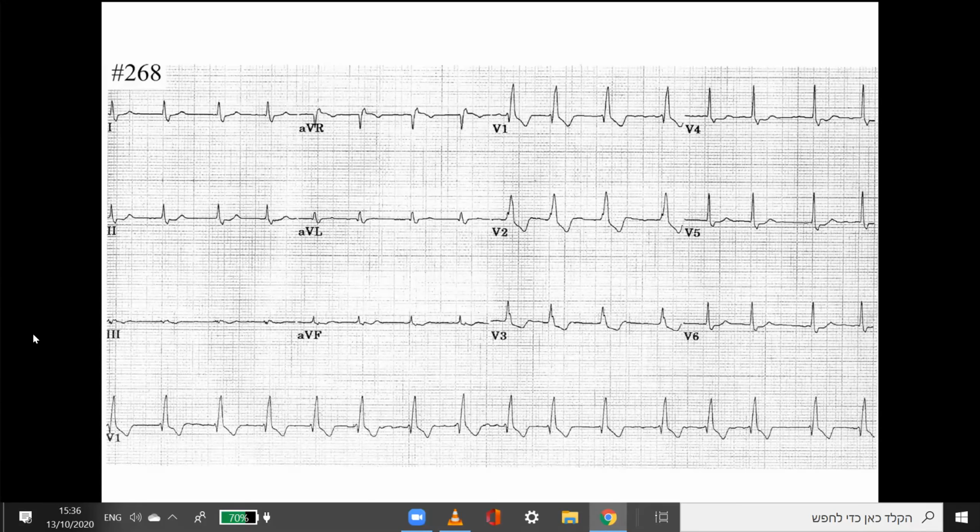Okay. And I also see wide QRS in V1, V2, all of the chest leads. And I think that I see on V3 and V2 the notched R. So it should be RBBB. Yes.